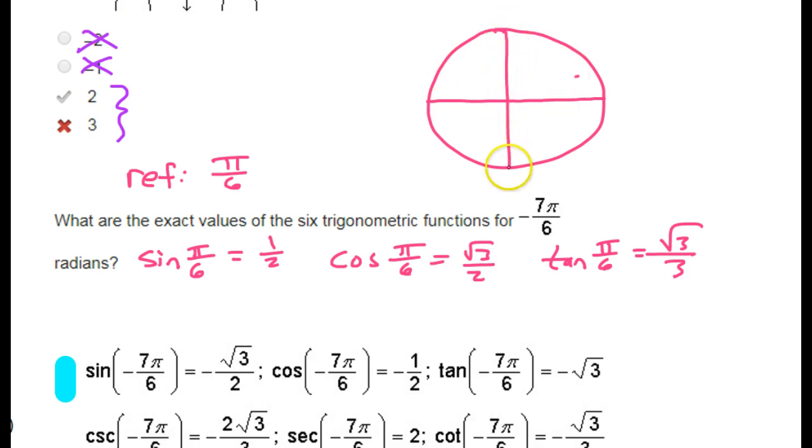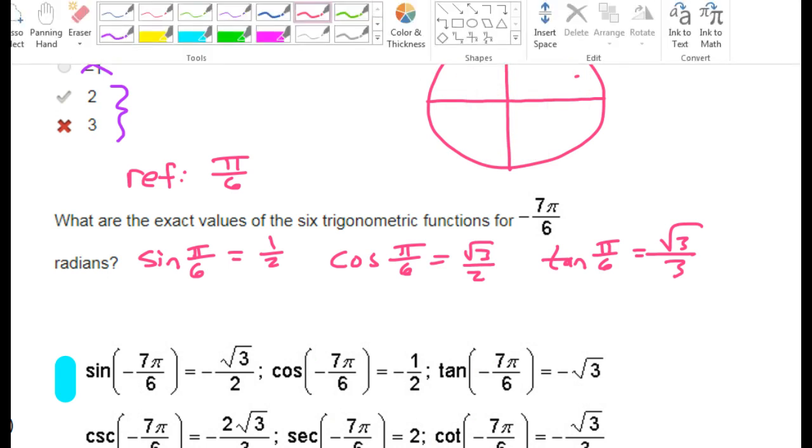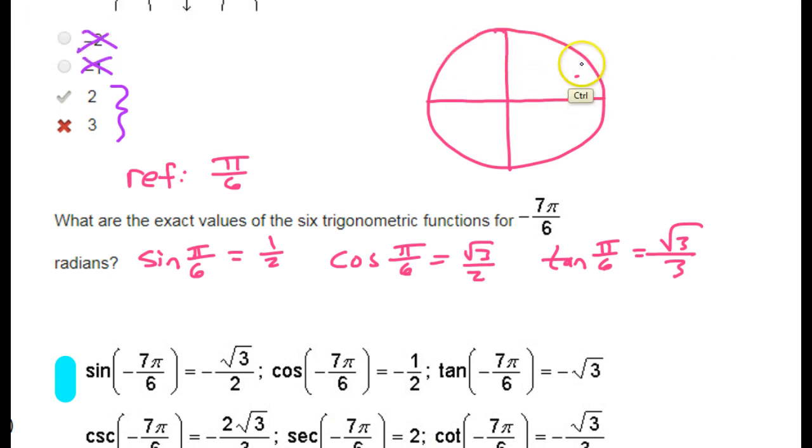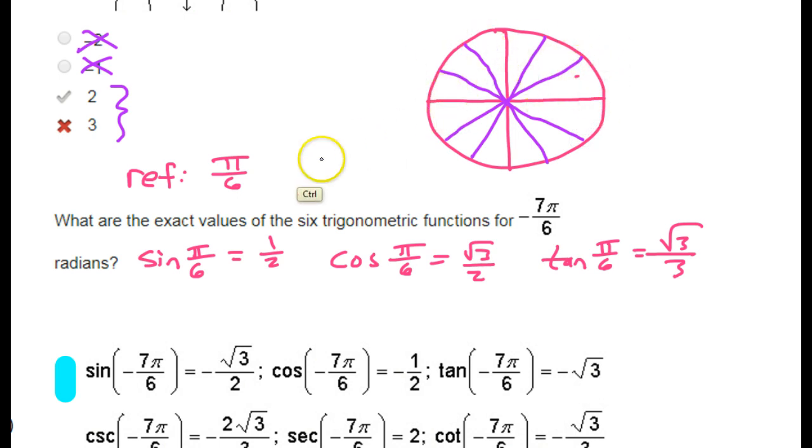If I divide each one of these into 3 pieces, then I'll have 6. Okay, I divided it up 6 ways. That means each one of these pieces is a pi over 6.